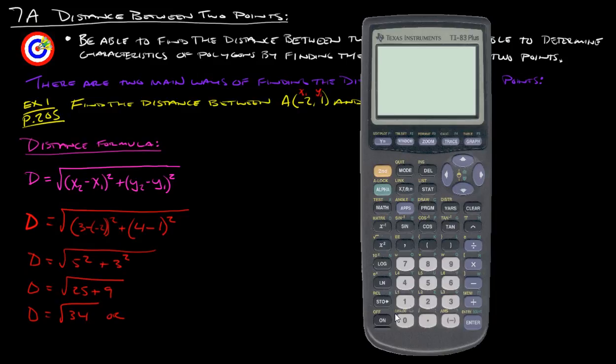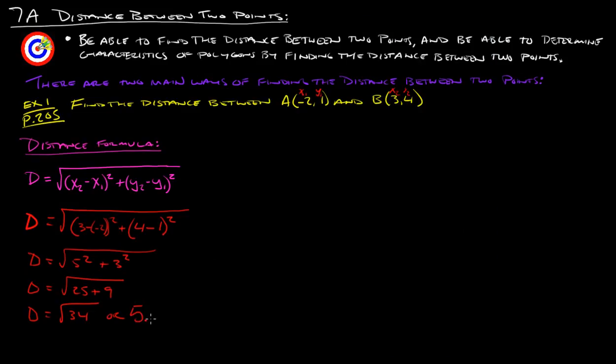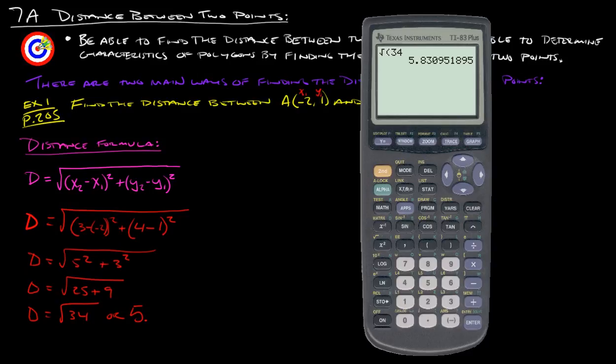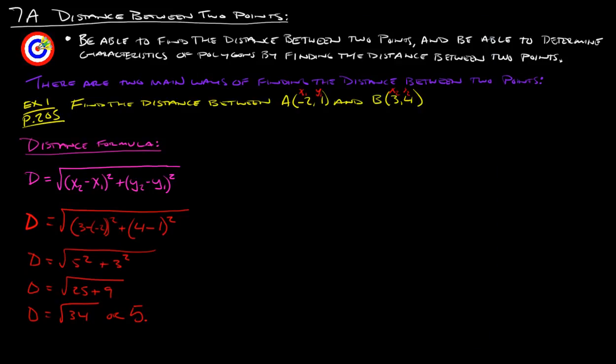But if you really want to know what it is, you can take the square root of 34, which is 5.83. If you decide that you really need it in a decimal, and it doesn't specify to not leave it as a decimal, the square root of 34 is the exact answer.